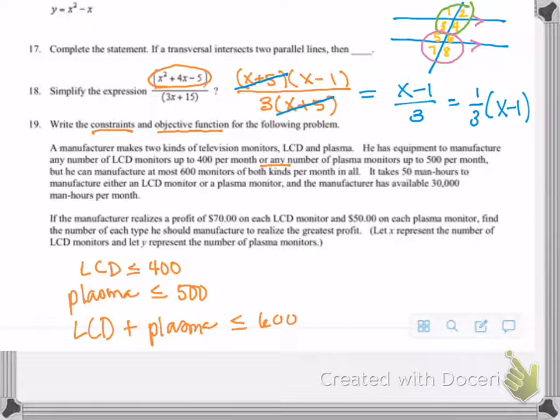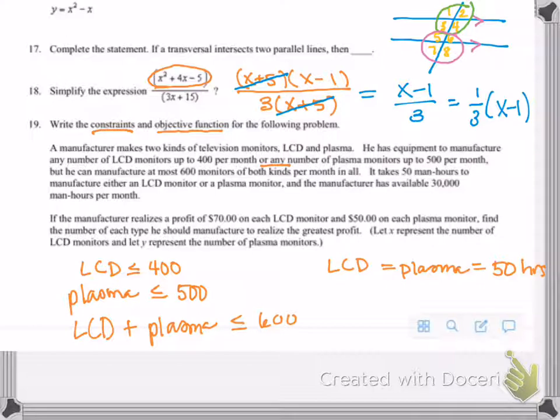It takes 50 man-hours to manufacture either an LCD monitor or a plasma monitor. So for the LCD or the plasma, it takes 50 hours. And it says the manufacturer has available 30,000 man-hours per month.